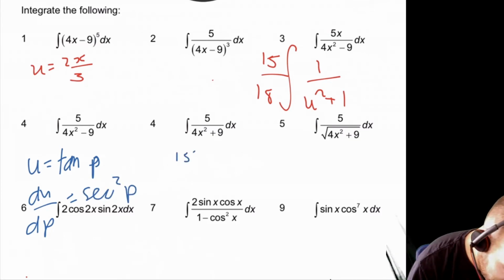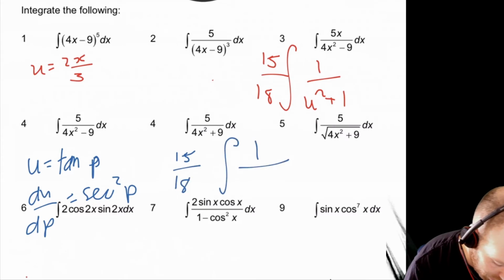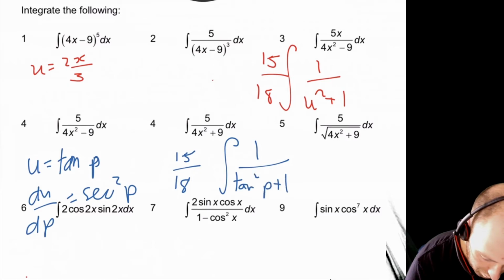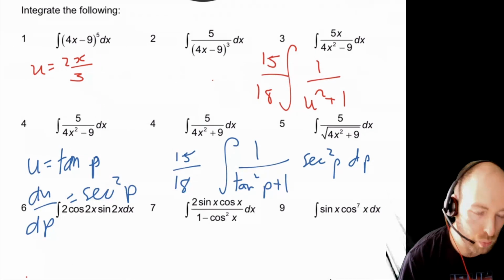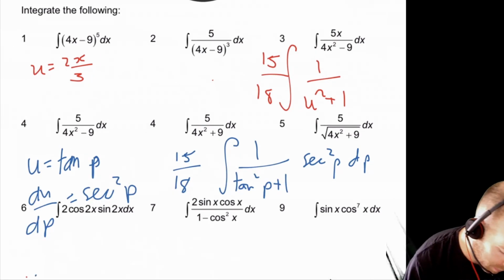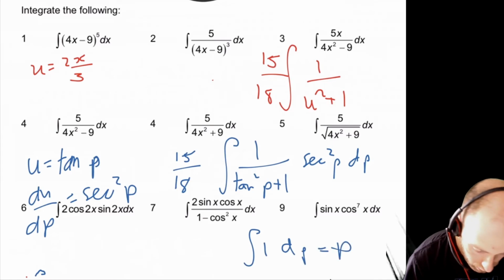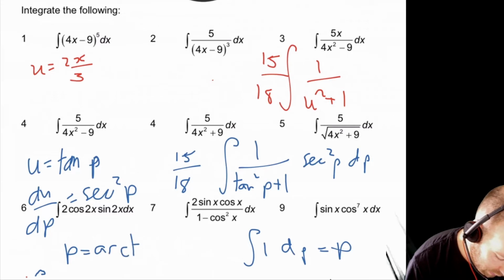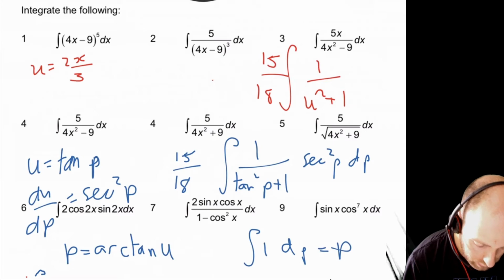So we get 15 over 18 integral 1 over tan squared p plus 1 times by sec squared p dp. 1 over tan squared plus 1 is sec squared, so this becomes the integral of 1 dp, which becomes p. Now, we know p is arctan u.